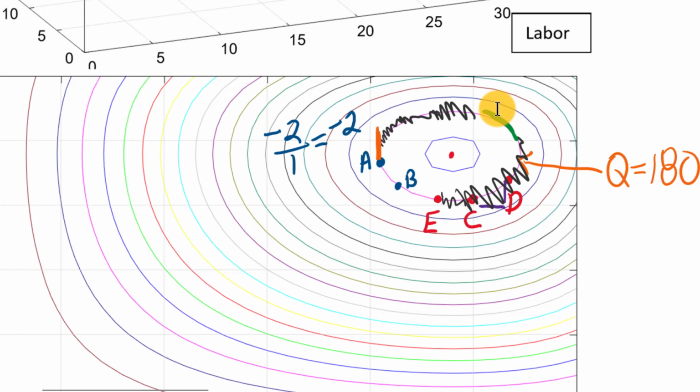And so, long story short, you know that if there's a way that is cheaper, where you're going to be using less of both inputs, that has to be better than one where you use more of both inputs. It's just common sense.